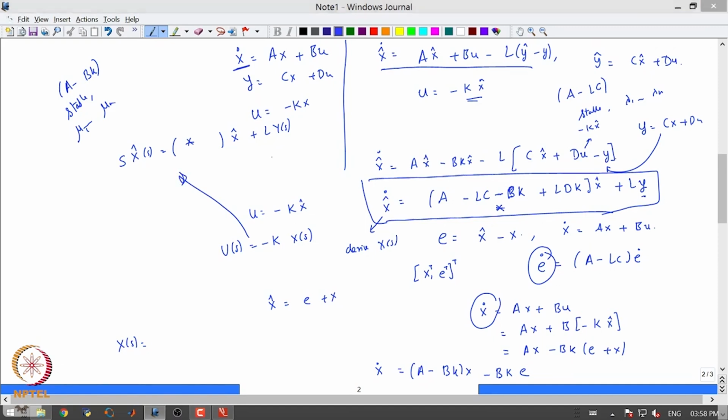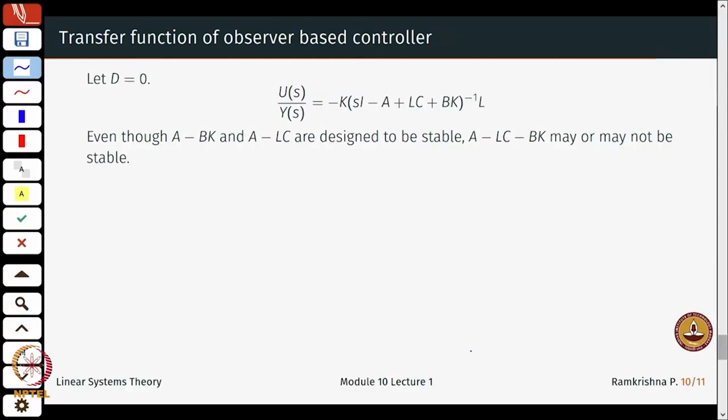It turns out that, this is a simple exercise, u of s over y of s is minus k times the inverse of sI minus A plus LC plus BK, times L. A little interesting thing, just as a passing comment, is that even though A minus BK and A minus LC are designed to be stable, this A minus LC minus BK need not be stable all the time.